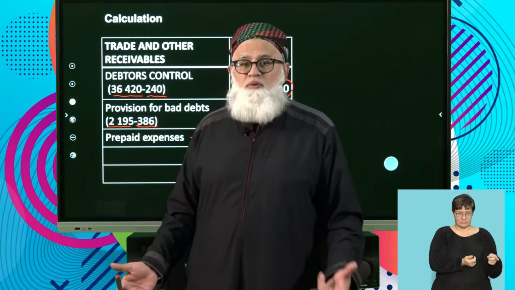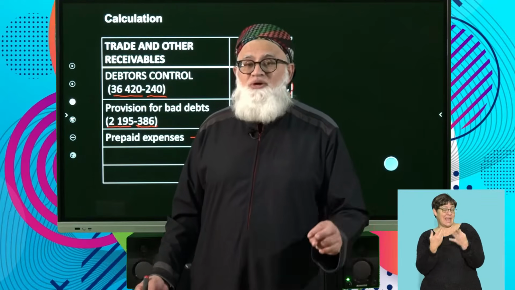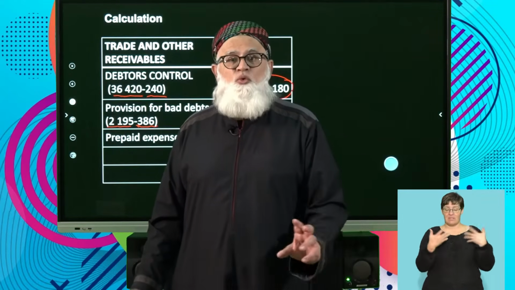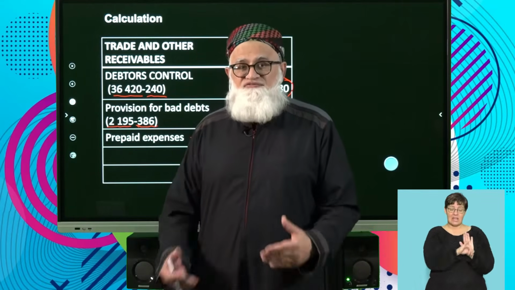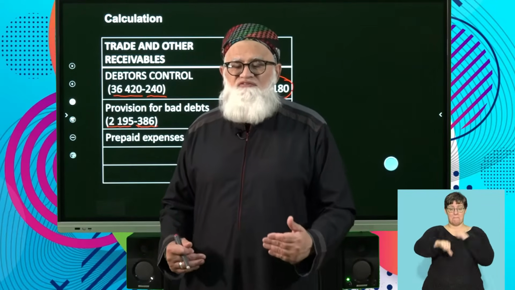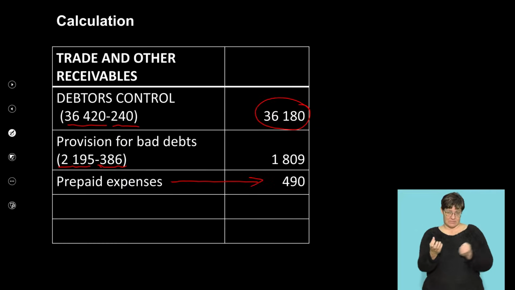So that could also appear. And the last item that could appear there would be your insurance claim. We've dealt with this in our previous lessons, where the insurance company have accepted our claim, but they haven't paid us as yet. That insurance claim will feature under trade and other receivables. Okay.